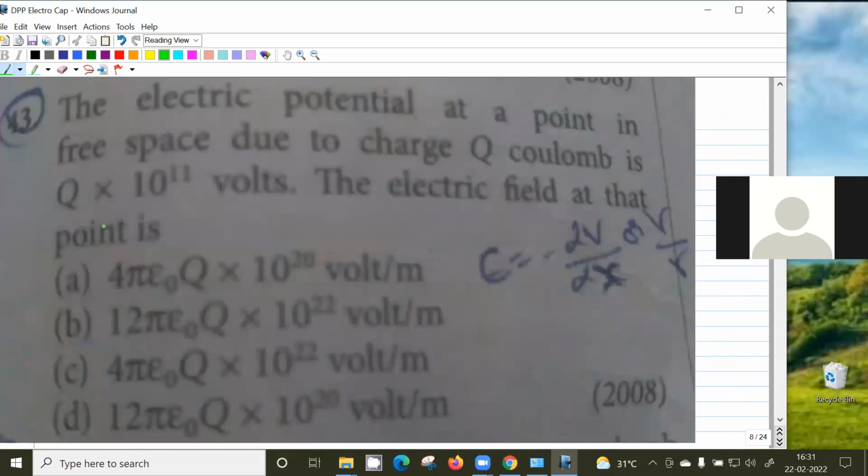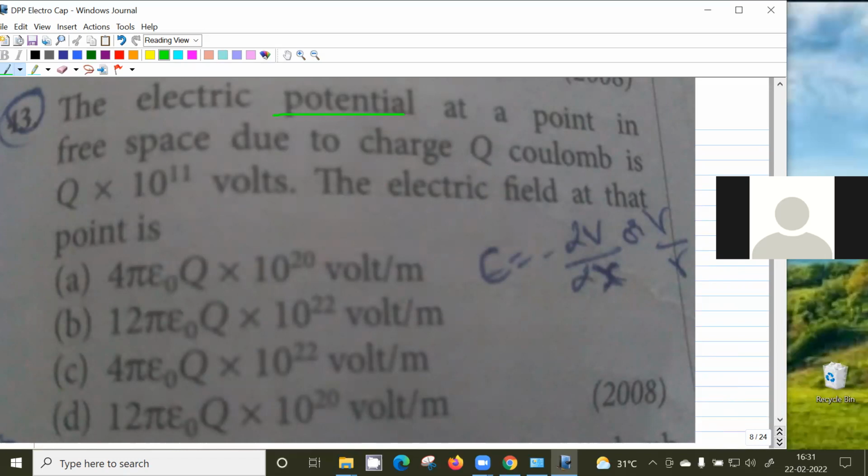So this one: electric potential at a point A in free space due to charge Q is this one. Electric field at a point due to charge Q. How is electric field related to potential?